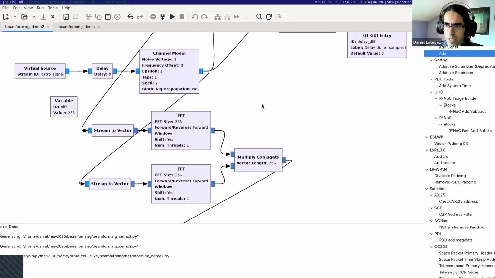Now, if you have the same signal on two receivers, or two copies of the same signal, and there might be other signals, there might be noise as well, which are different in the two receivers, you basically overlay them on top of each other so that the signal, which is the same, is aligned in time. And you multiply.